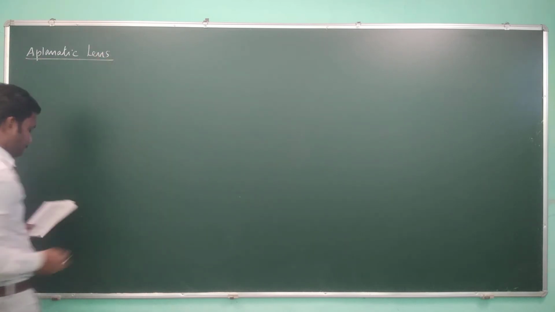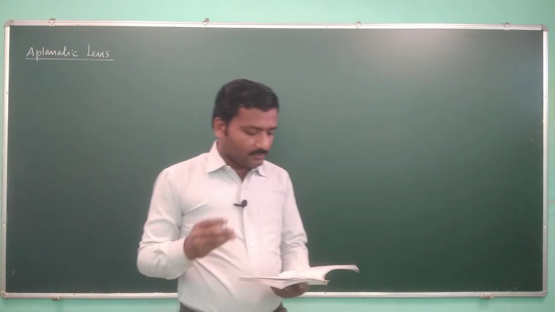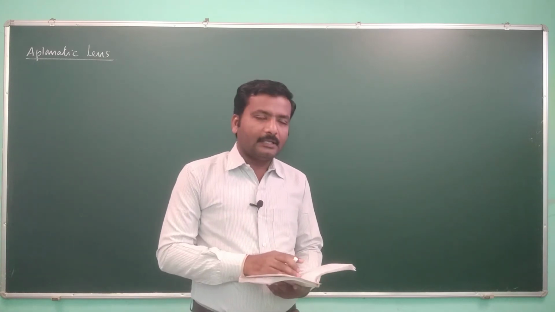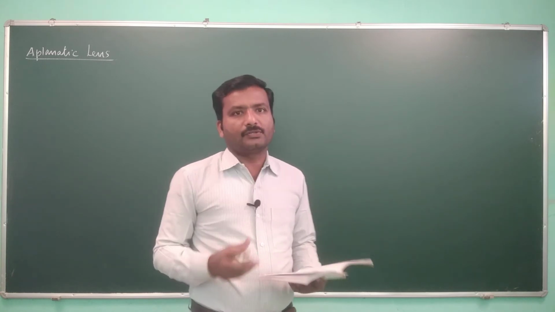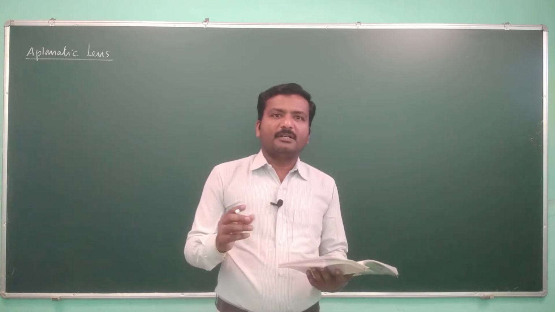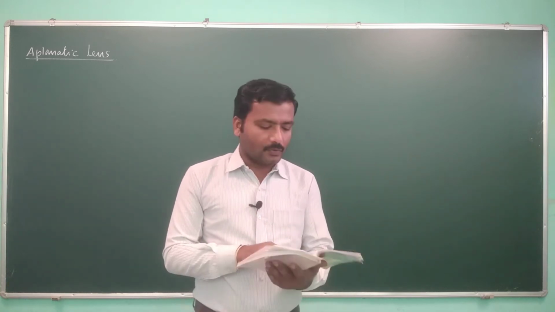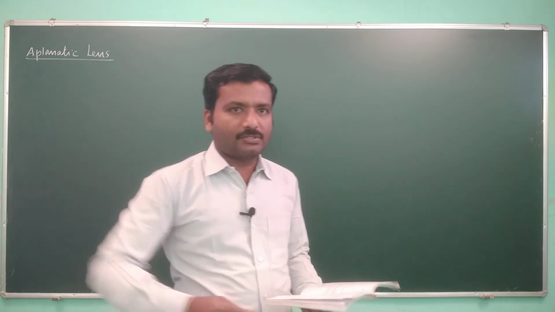Aplanatic lens. First, what does it actually mean? Aplanatic lens is a spherical lens which is free from spherical aberration and coma.